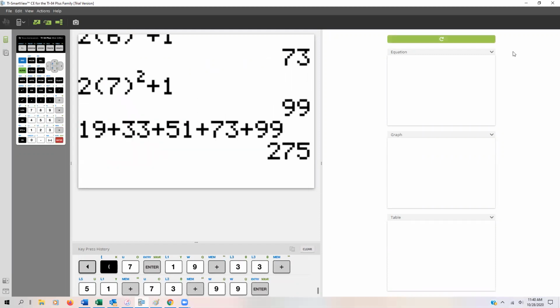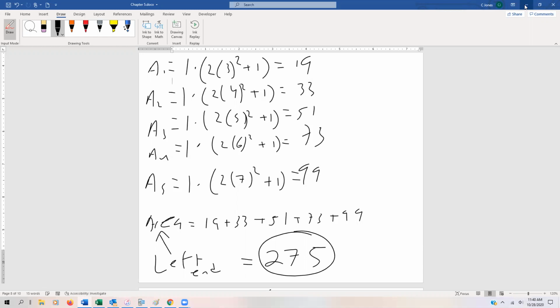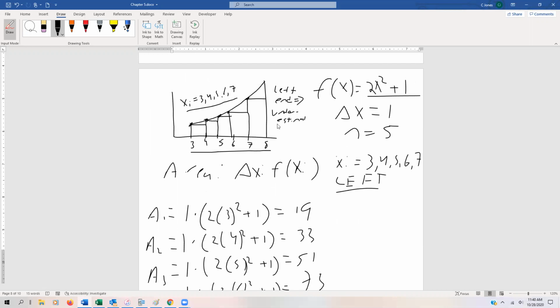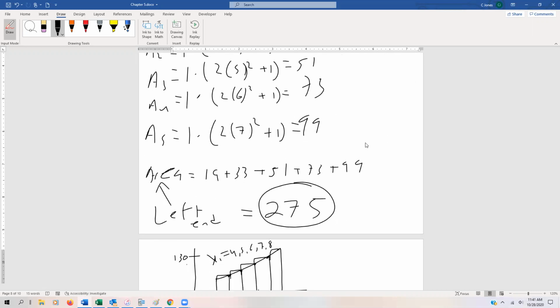Let's add those up really quick, and that's going to give us 275. So our area using the left endpoint is 275 square units, whatever they might be. You might remember that this is indeed an underestimate. Don't forget that this represents not the exact area, but approximately that area.